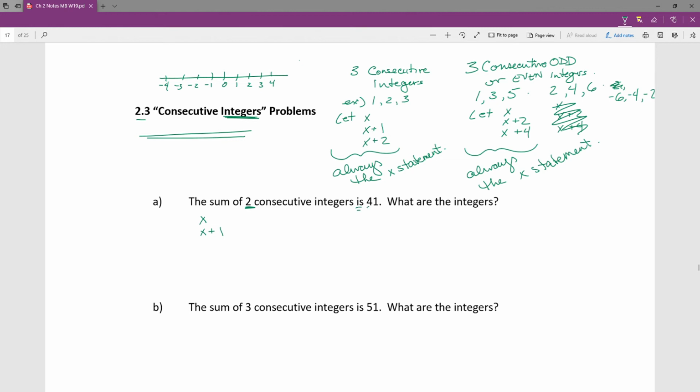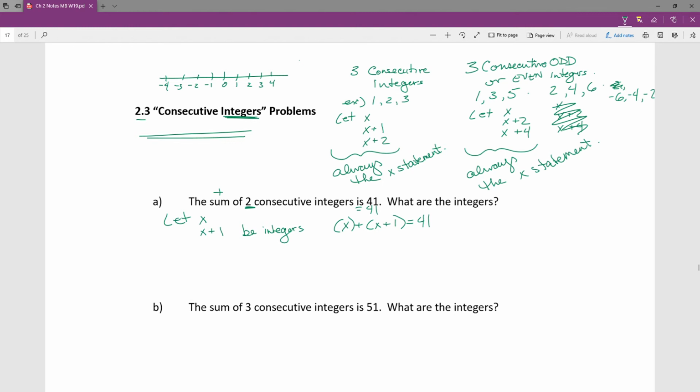So that equals 41, and the sum implies addition. So let x and x plus 1 be the integers. If I'm going to add these two things together, I'm adding x and x plus 1 together.